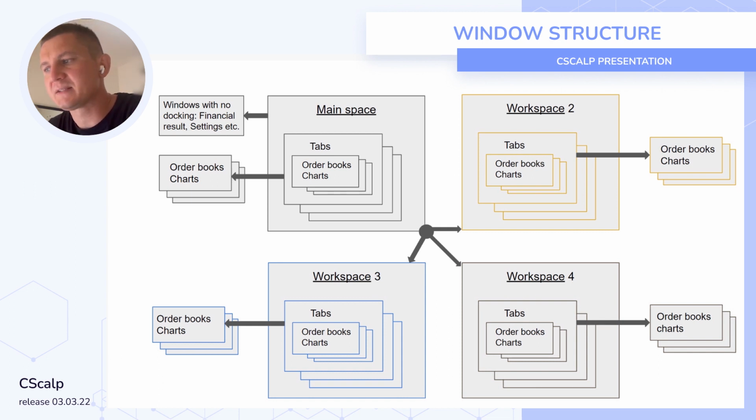When a trader switches from one tab to another, all windows associated with the old tab disappear from the screen, and all windows that are associated with the tab that the trader has activated appear on the screen.